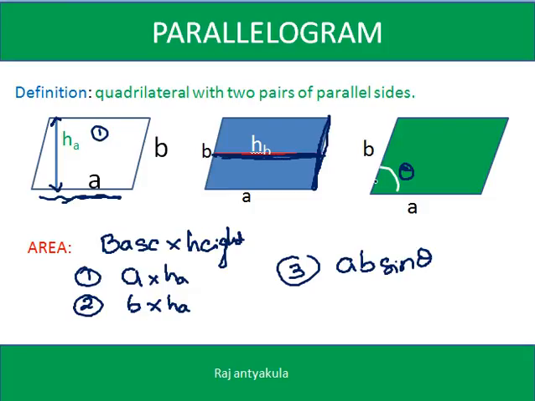Third figure, when two sides and angle are given, then straight away area of the parallelogram is AB sine theta. Depending upon the information, we have to use the formula. Whichever formula you use, you will get the same answer. But depending upon the information, we have to use the formula.